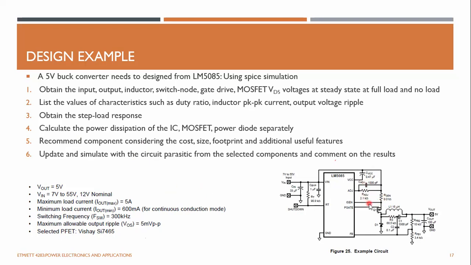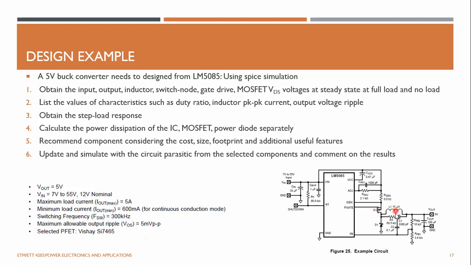So from the market, if you want to build a buck converter, there are two options for you. The first one is you can buy an IC which has the power switch inside it, right? So it's one option. Or you can buy the controller, which has a separate MOSFET. So you have to buy the MOSFET separately and place it here.